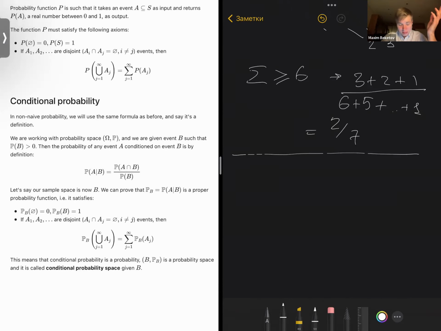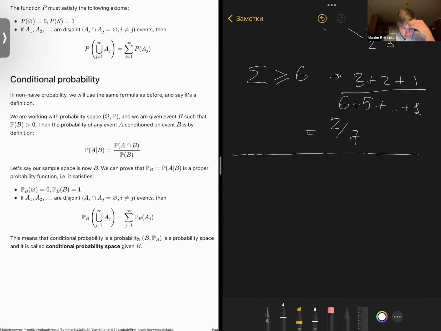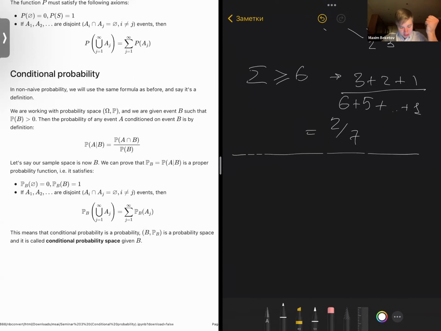With this, if we have this probability function, we want to define conditional probability, we take an event B, that is the condition. It has non-zero probability, some positive probability. Then we can define conditional probability as this ratio and so on.